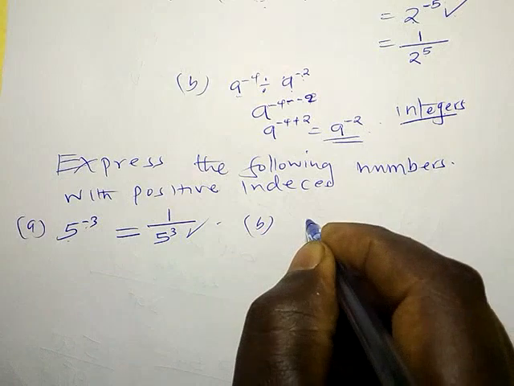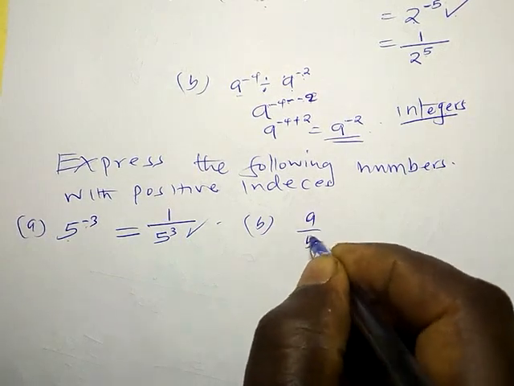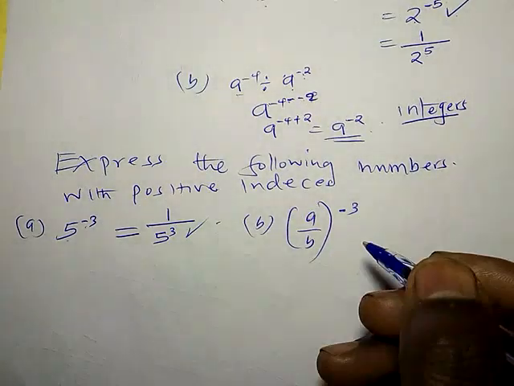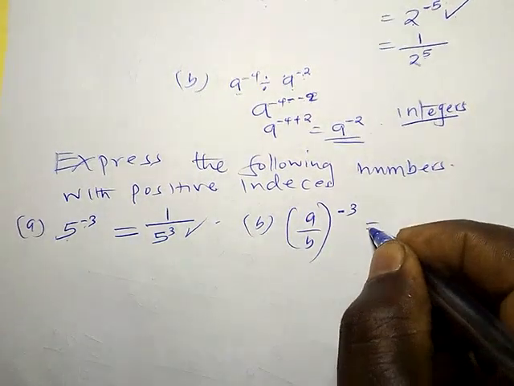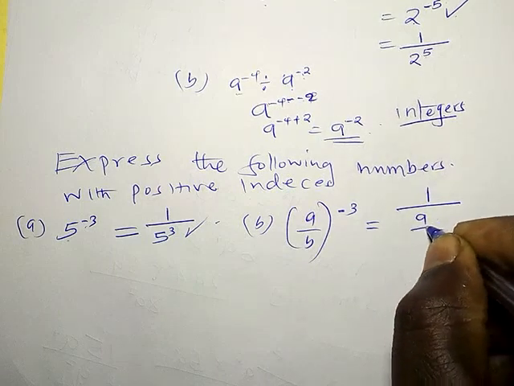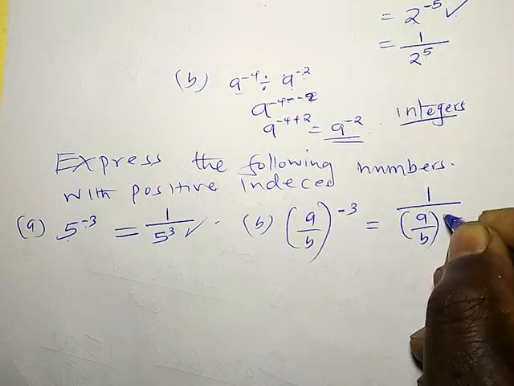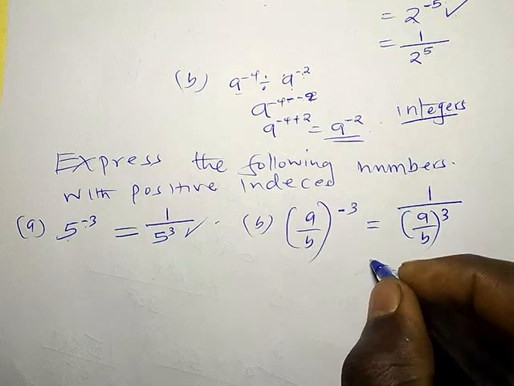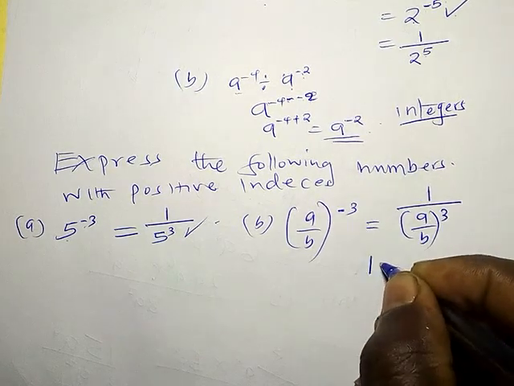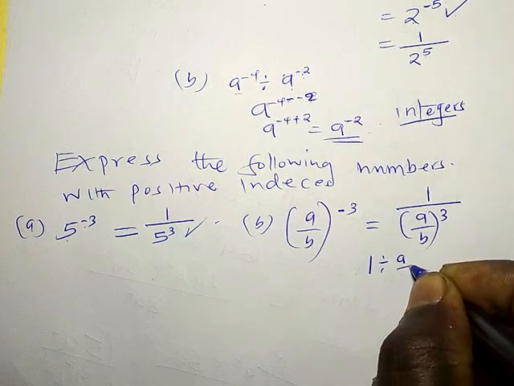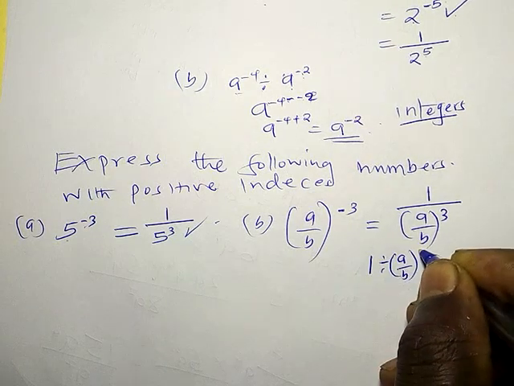B, if I give you a over b raised to power negative 3, what does it mean? This is simply 1 over a over b raised to what? Positive 3. This is the same as 1 divided by a over b raised to power 3.